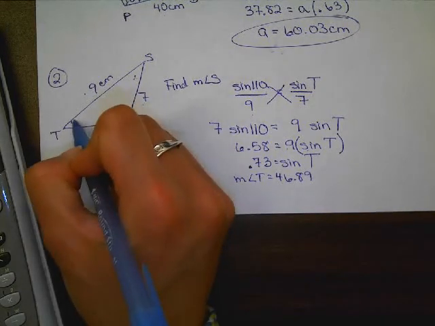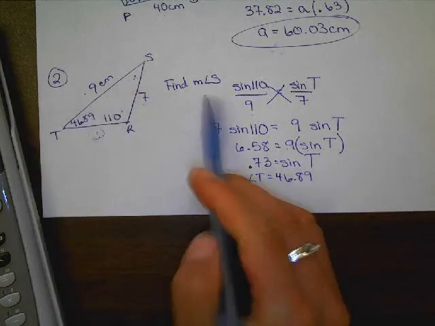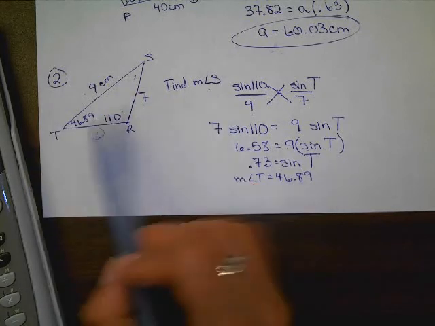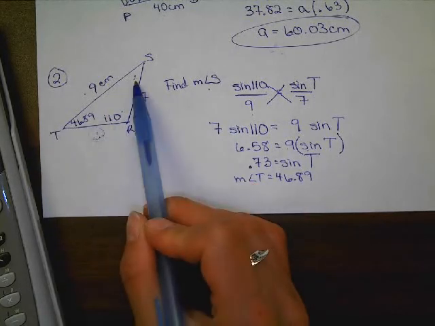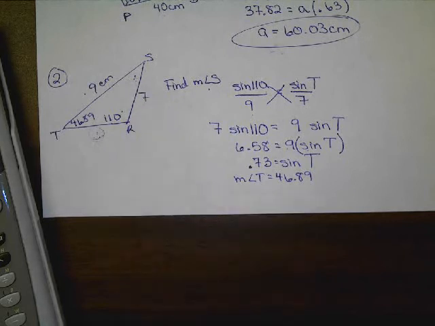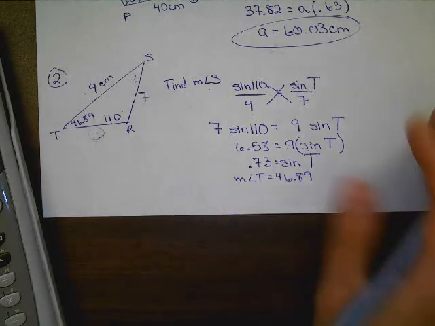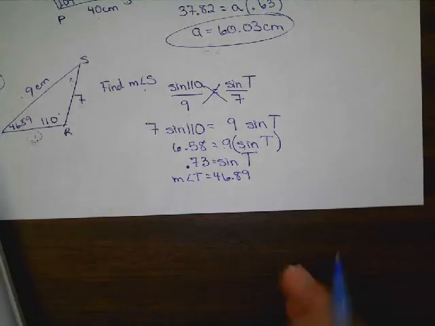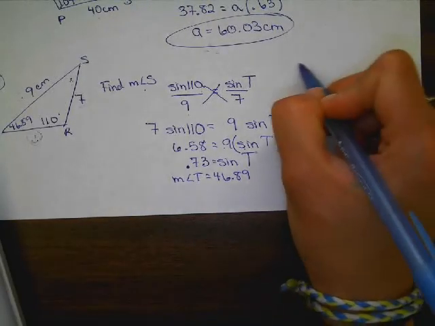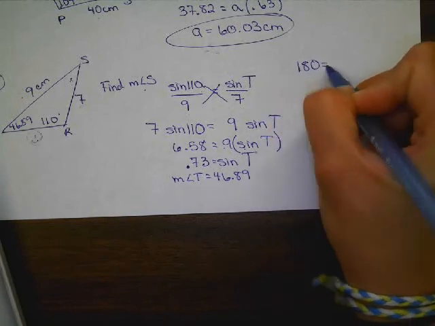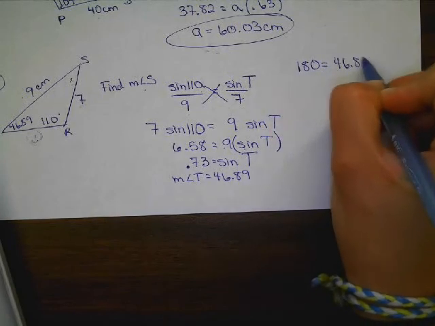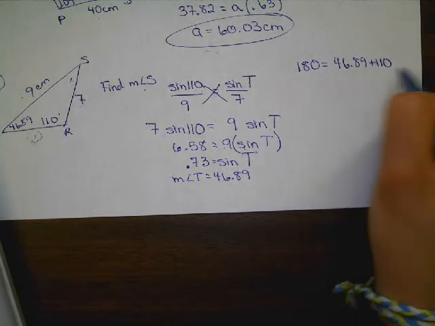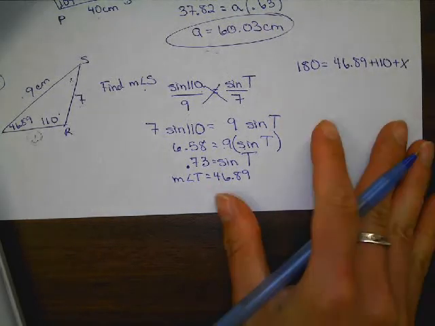Well, now that I know that, to figure out how big angle S is, I have 2 of the 3 angles in a triangle. But we know that a triangle always adds up to 180. So instead of doing the law of sines again, which I could do, we'll just use the knowledge we have that 180 equals 46.89 plus 110 plus x.